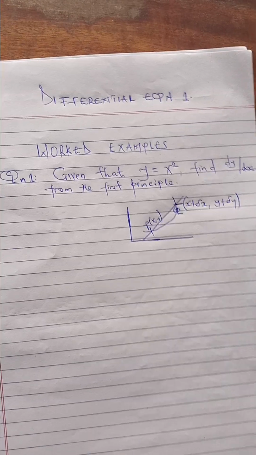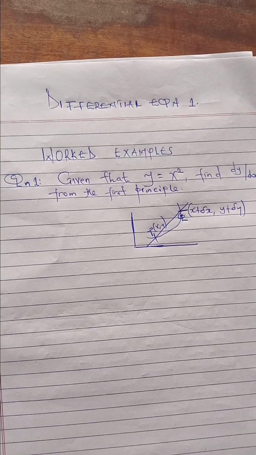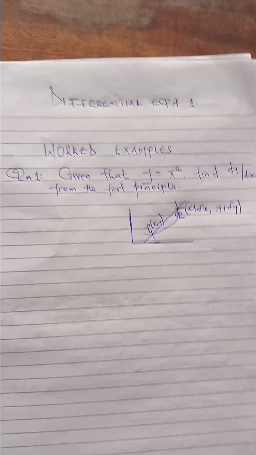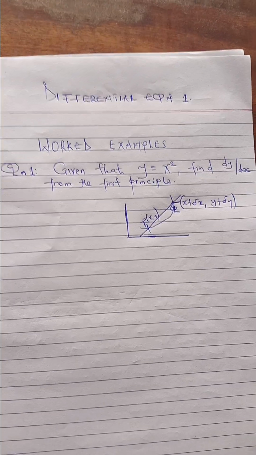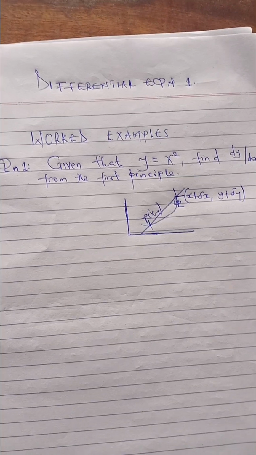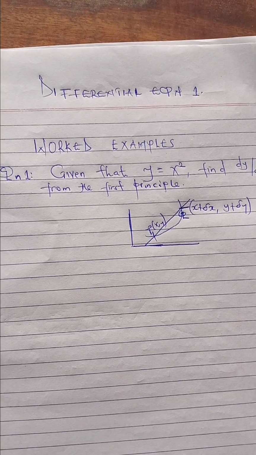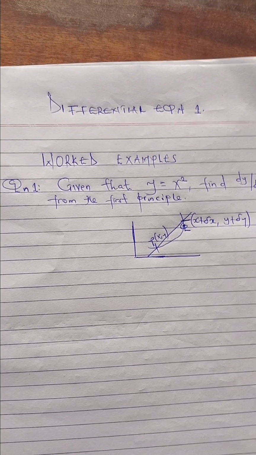And all of this we said is referred to as the gradient at a particular point, basically the one for the curve, since we said it varies from one point to the other along the curve. And when you look at point P, it is basically the one that we are going to look for its gradient.